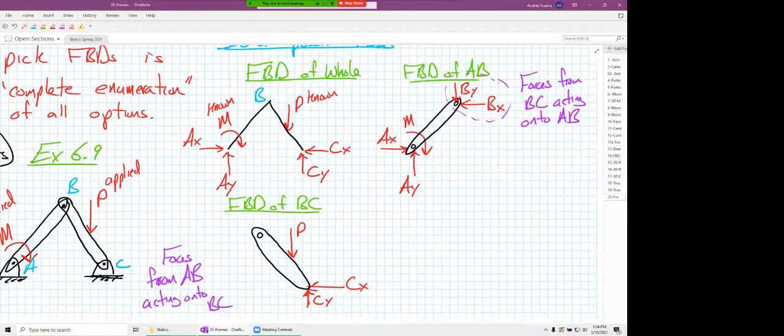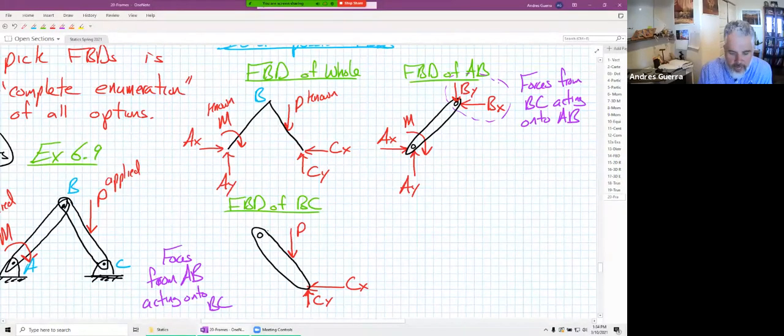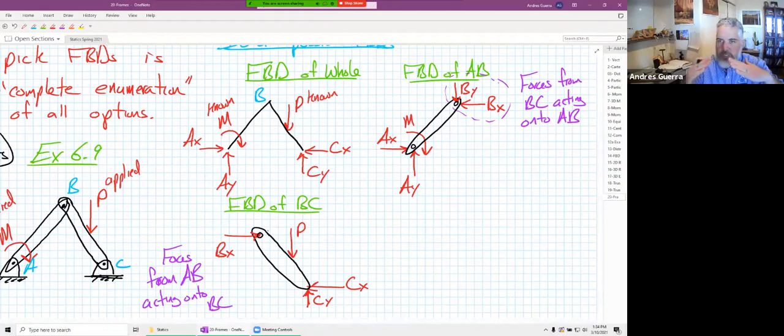To the right, because I drew it to the left in the one up there, so I need to draw it in the opposite direction. So anytime we're looking at FBDs that are on opposite sides of that pin, our reaction forces always should go opposite directions. So BX is going to go to the right, and BY is going to go up. Thank you, Ricardo.